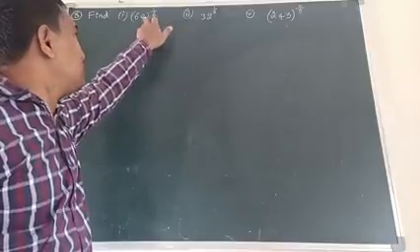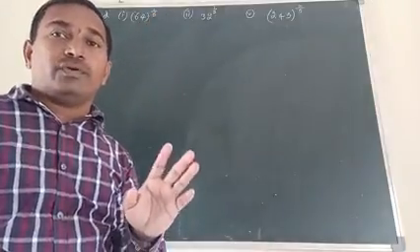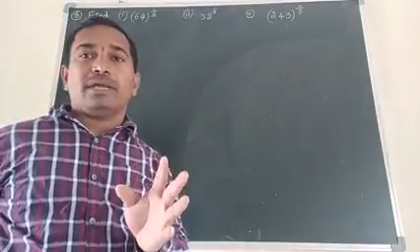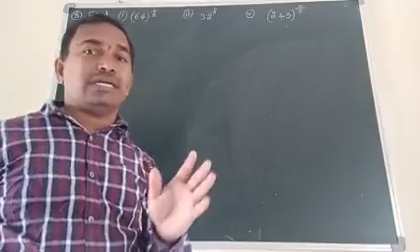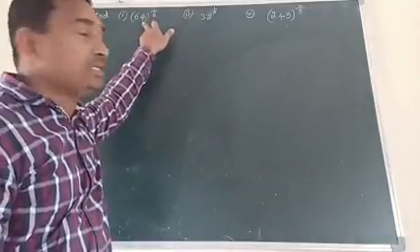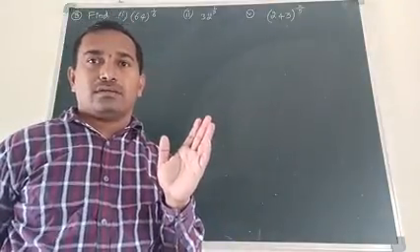6th root of 64. So you have to think which number, for example if you take 2, if you multiply 2 six times, you get 64, that is suitable here. So we have to write 64 as a power of 6.